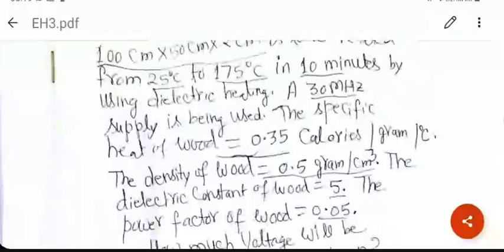We assume uniform heating, uniform rate of increase of temperature. So if you can calculate the total energy required in 10 minutes, then dividing it by time of 10 minutes will give you the power required. Now, how do you calculate the energy required? I'll show you how.